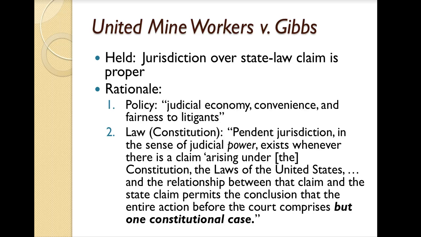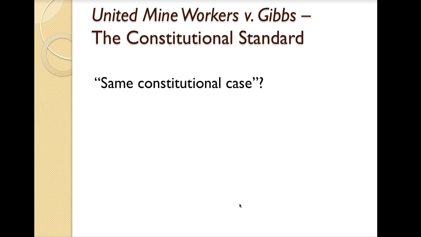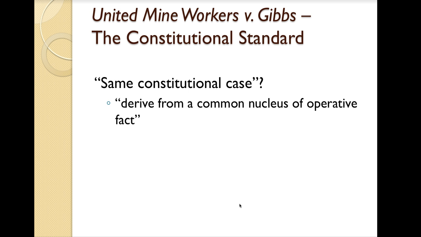Essentially, the court is saying that it has jurisdiction and power over the entire case under the Constitution when there's a federal claim in the lawsuit and another claim that's not a federal claim but has a sufficiently close relationship to it that it forms part of the same constitutional case. So what is the relationship that's required then? What does it mean to say that the claims form the same constitutional case?